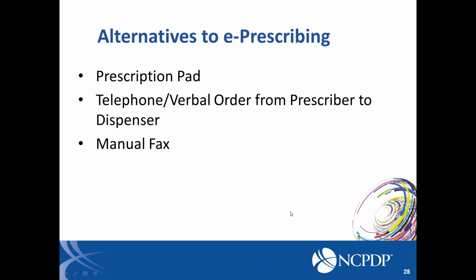The e-prescribing program is a voluntary program, so to speak, when it comes to prescribers and dispensers. However, the health plans, the Part D plans, are required to support the standards. What that means is that when one prescriber or one dispenser wants to prescribe, it applies to the whole network for that Part D plan.